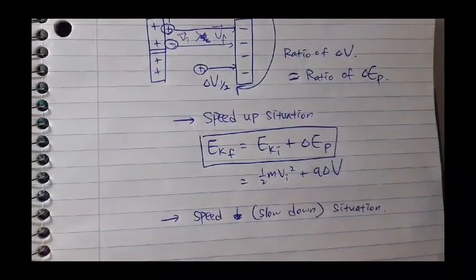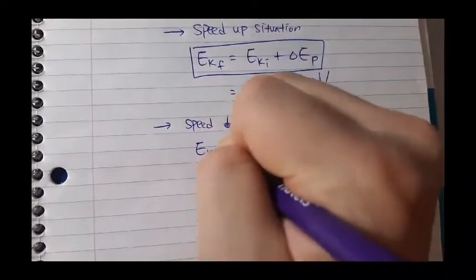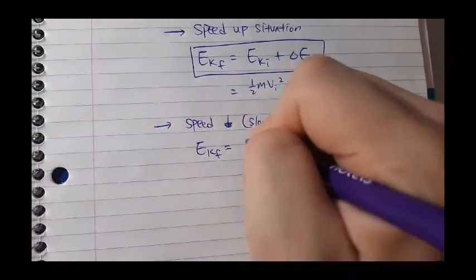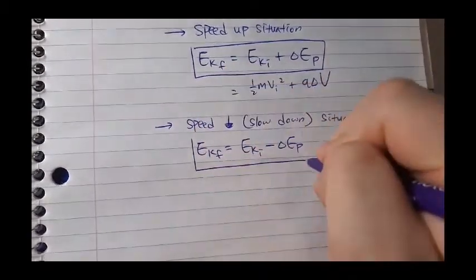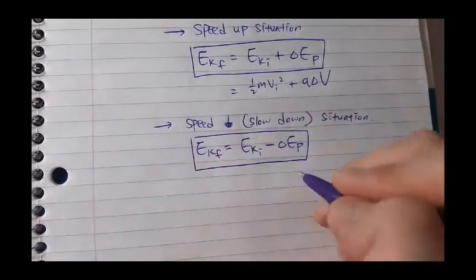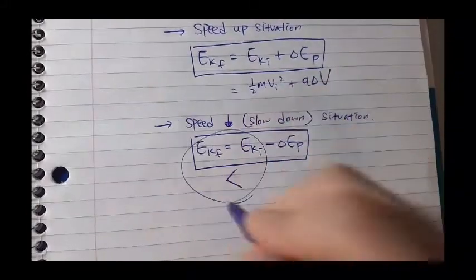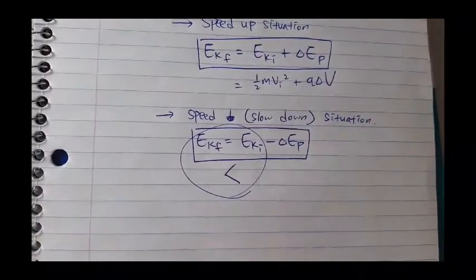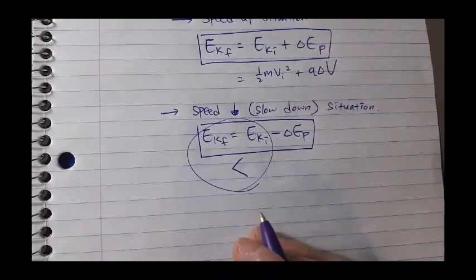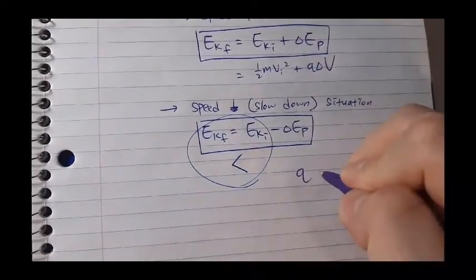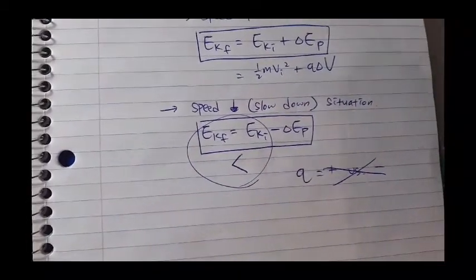I know it's acceleration talking, but let's talk about it from an energy perspective. In that situation, my final kinetic energy is equivalent to my initial kinetic energy minus the potential energy. In that way, you know the final kinetic energy is smaller than the initial kinetic energy. Sometimes people have a tough time with this because they put Q as positive versus negative, but I do not want you to think of it that way.